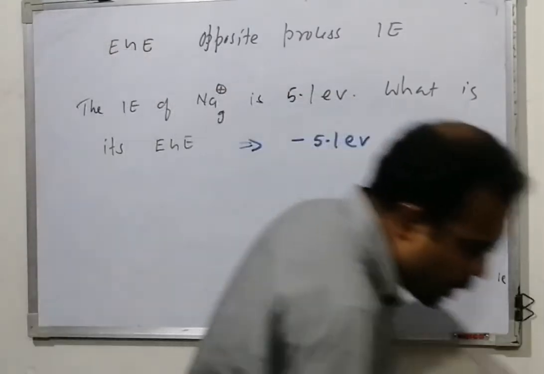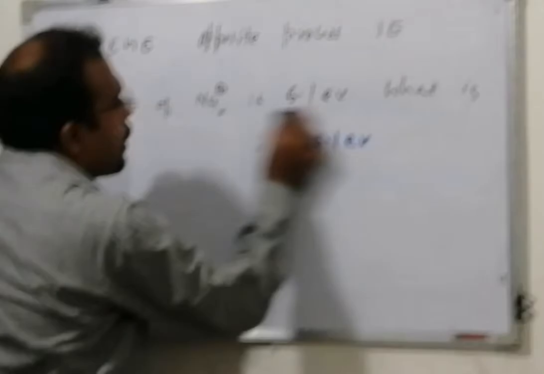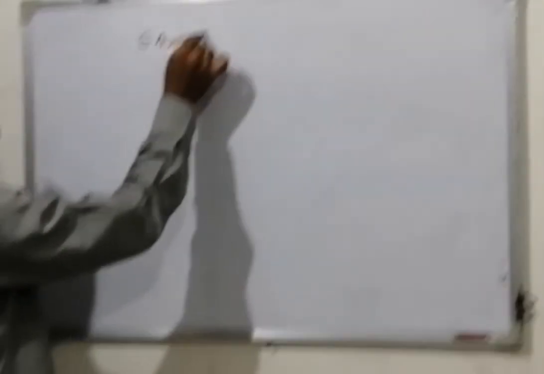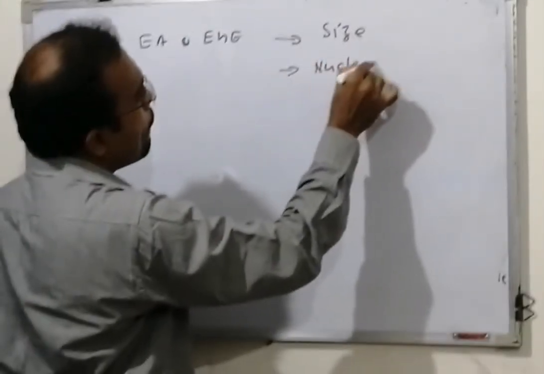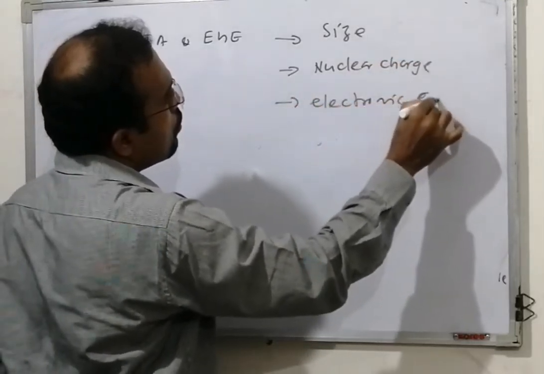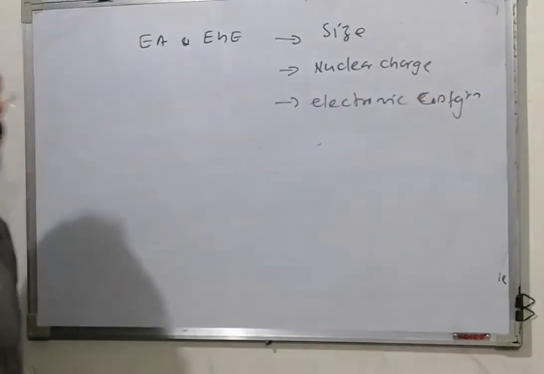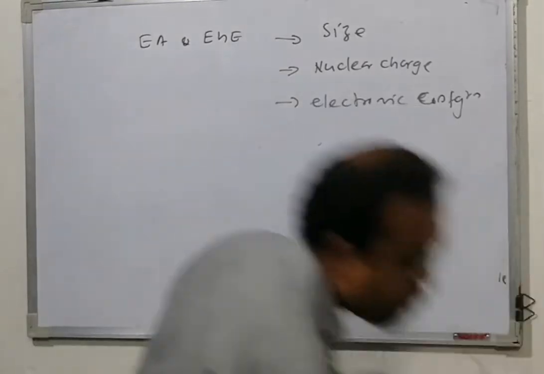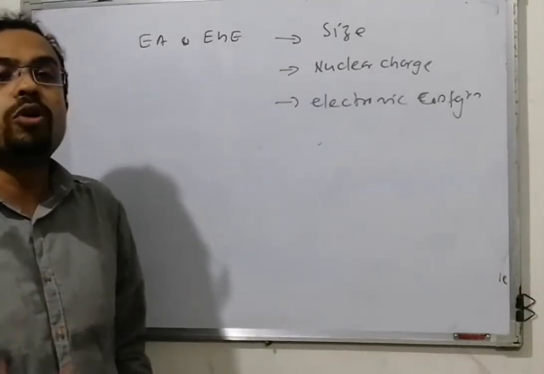Okay. Now, electron affinity or electron gain enthalpy depends upon different factors: size, nuclear charge, electronic configuration, etc. But suppose there is a question which is most electronegative.